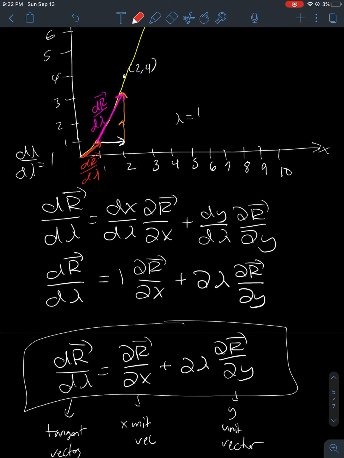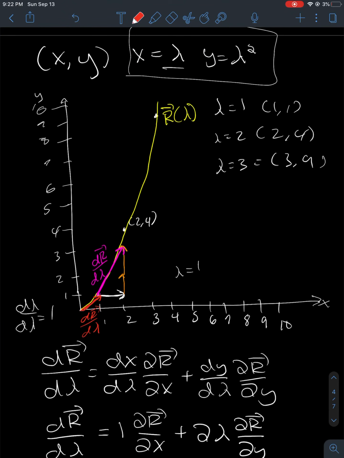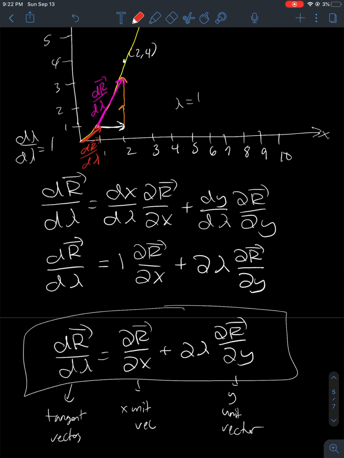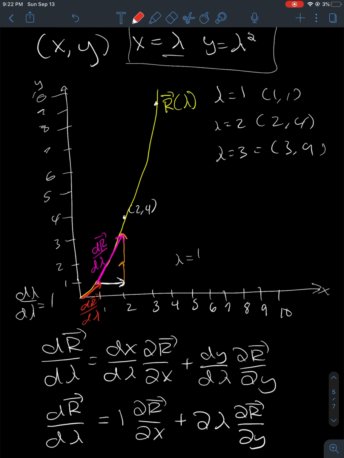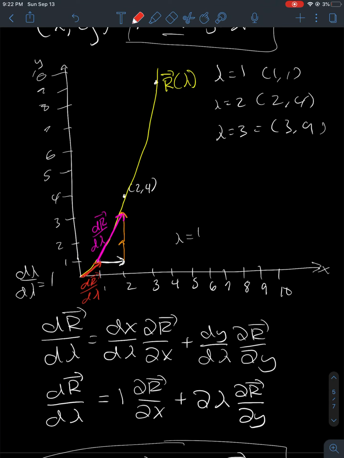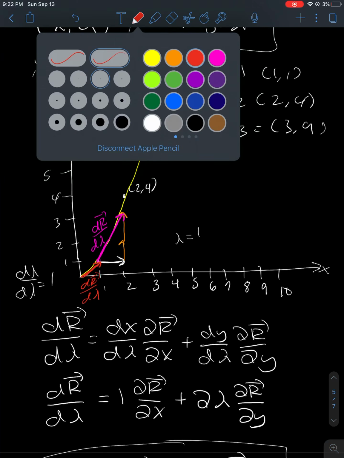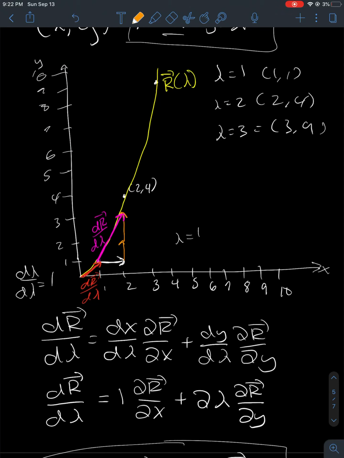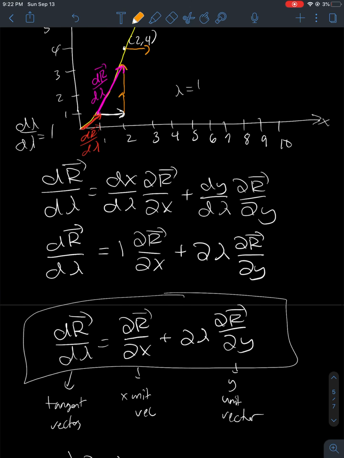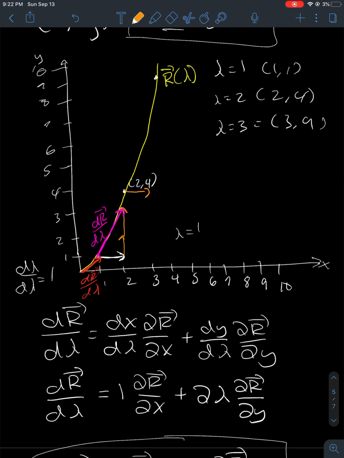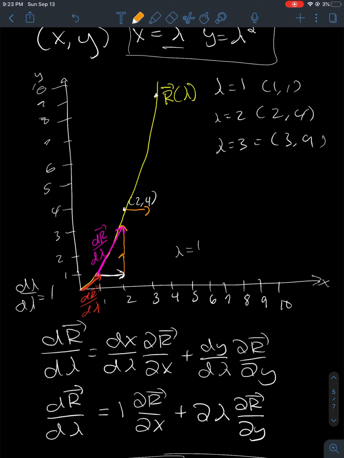How about for lambda equals 2? It's just going to be 4 partial r over partial y plus partial r over partial x. So lambda equals 2, where is that? It's at 2, 4. One, 2, 3, 4.